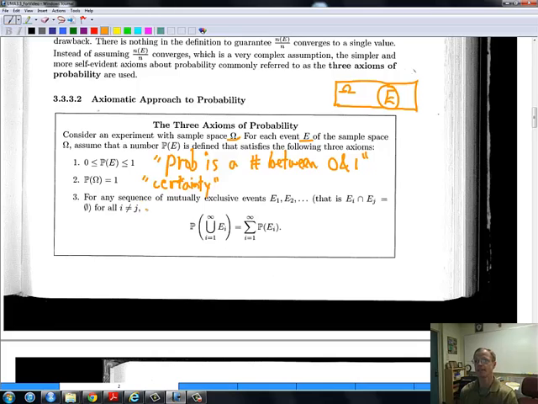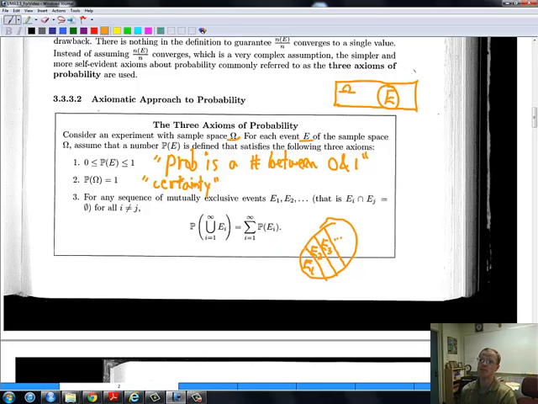Okay, lastly, this is an intuitive one, but if we take our E and we break it into chunks, so I'm just going to draw a circle here for E again, and we're going to put it in chunks, so we'll just call that E1, we'll have an E2, we'll have an E3, and so on.